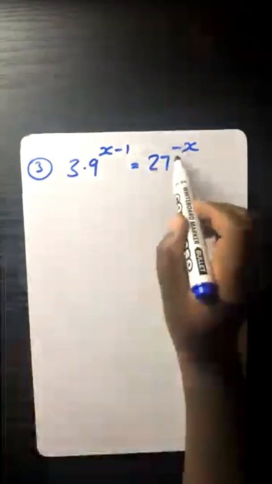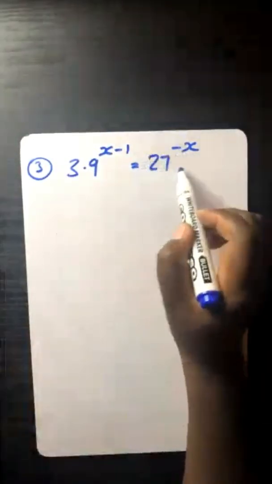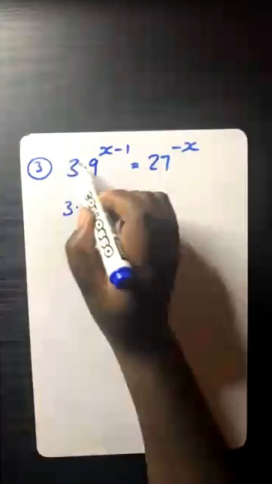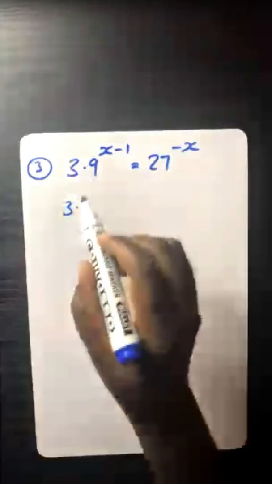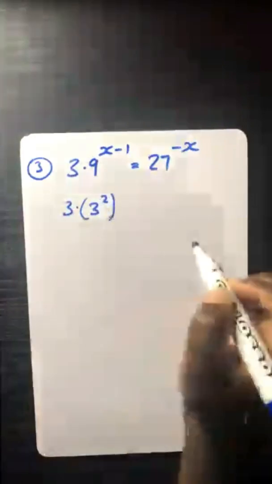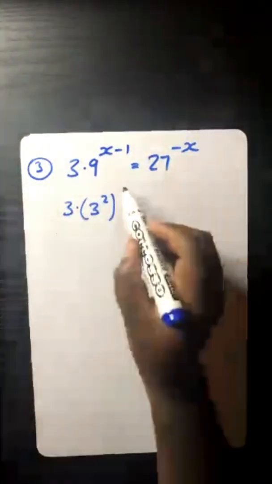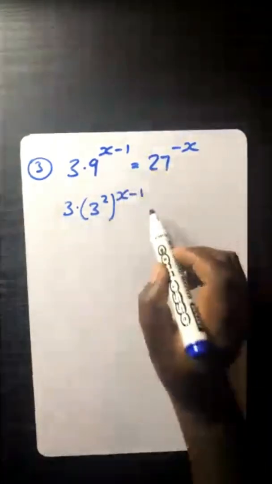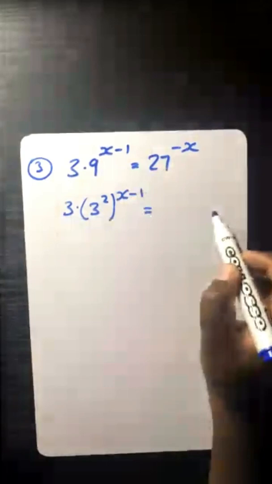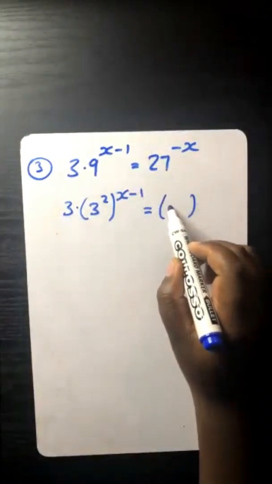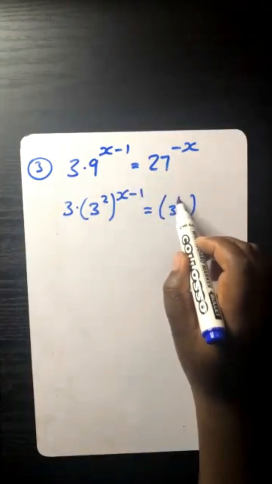We want the bases to be in their smallest base. We know we've got that 3. What is 9? 9 is 3 squared. Do you agree? Yes, sir.